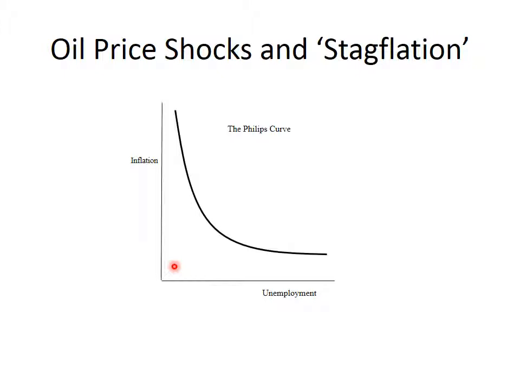What we're going to have at the end of the 70s and the early 80s is the opposite. We're going to have very high inflation and very high unemployment. This again contradicts traditional economic theory. This really shouldn't take place, okay?